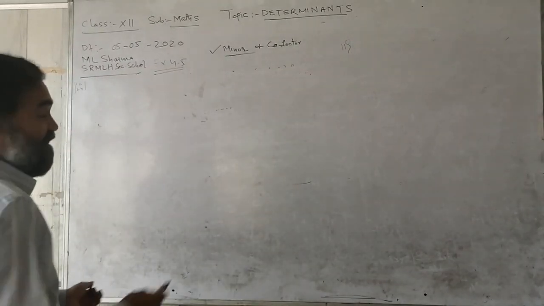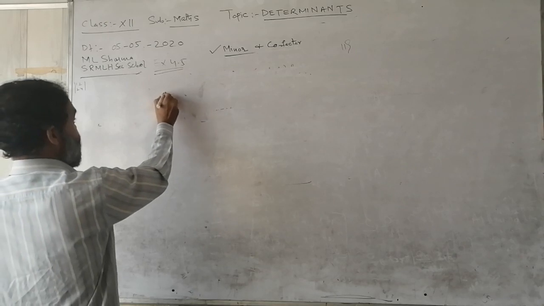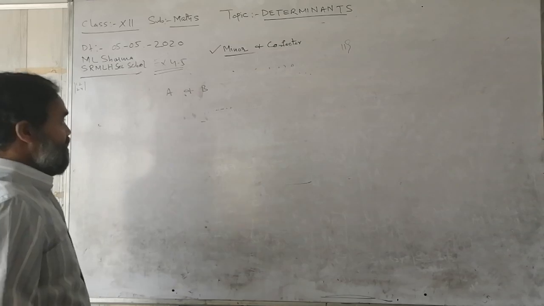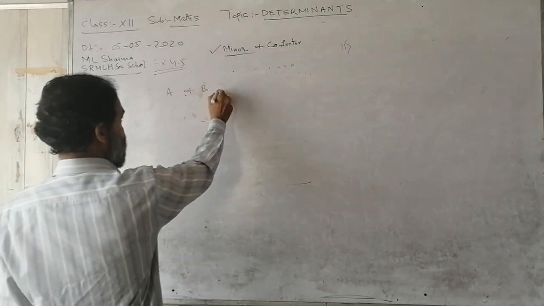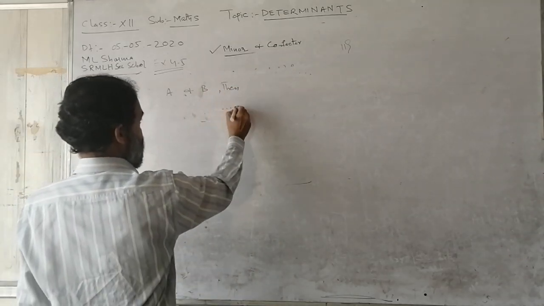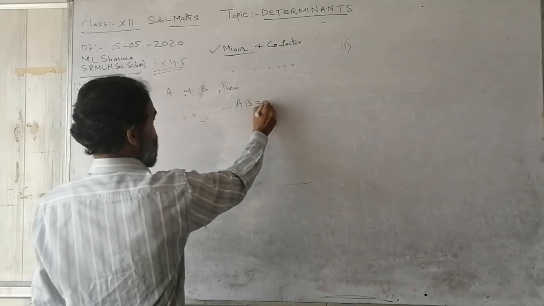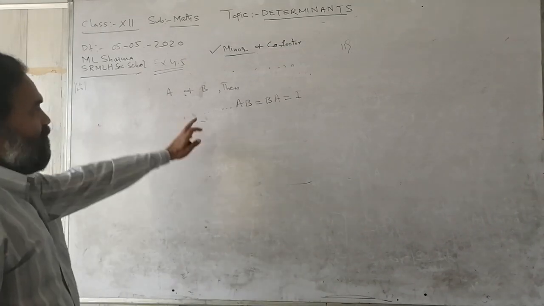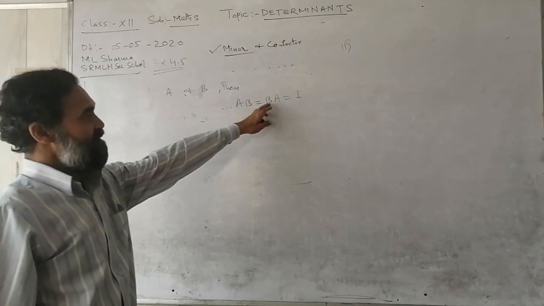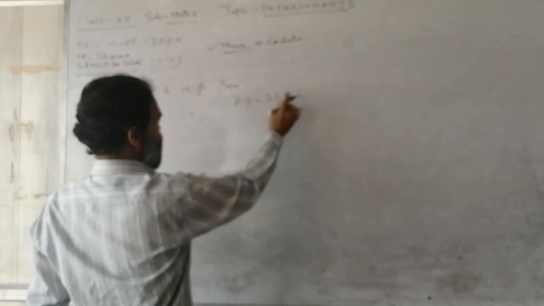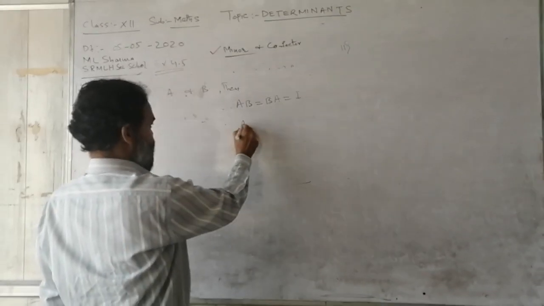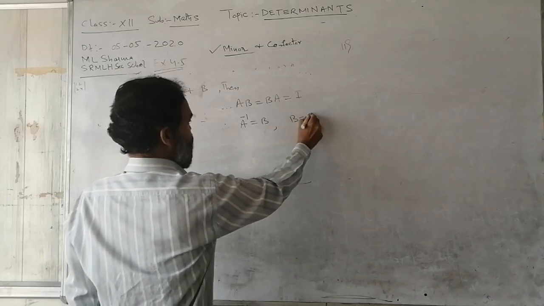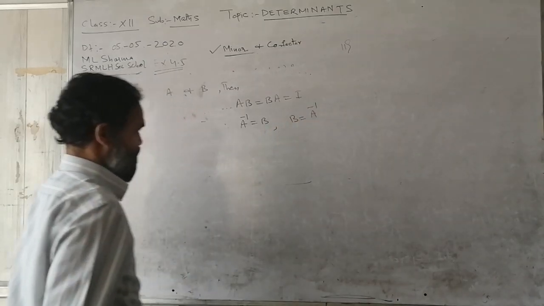If I have a matrix A and matrix B, and they are of the same order, then the product of matrix A and B, AB equal to BA, is equal to the identity matrix I. So I can say the inverse of A is B and B is the inverse of A.